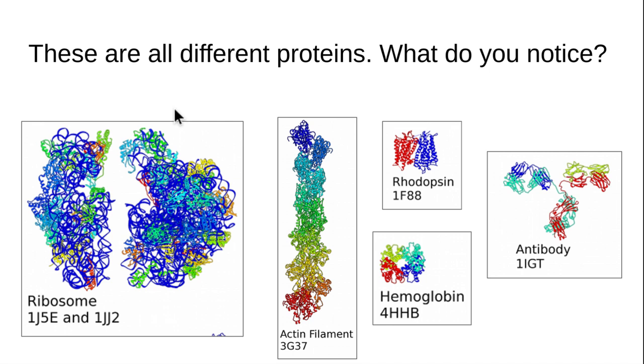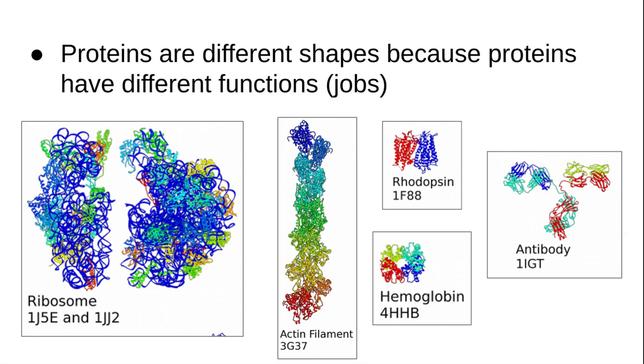It's making proteins, but it's also a protein itself. Actin, this is a muscle fiber, so it's helping contract our muscles. Rhodopsin, this is in our eyes. It's helping to capture light. Hemoglobin in our blood cells carries oxygen, and antibodies fight against diseases. So all these proteins have different shapes because they have different functions or different jobs.